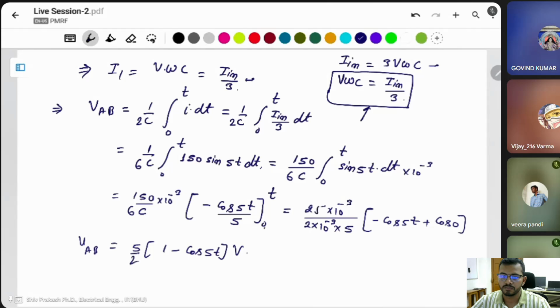So 5 by 2, I think 2.5 is there. No, sir. Here, if you see, 150 by cos 5t by 5 is there, no, sir? The sign indication is negative, minus of cos 5. Yes, sir. There by 5 is there. 5 ones are 5, 30s are above 30, I think.